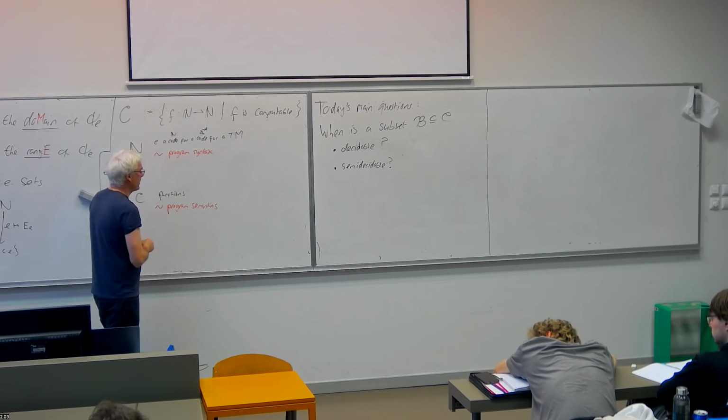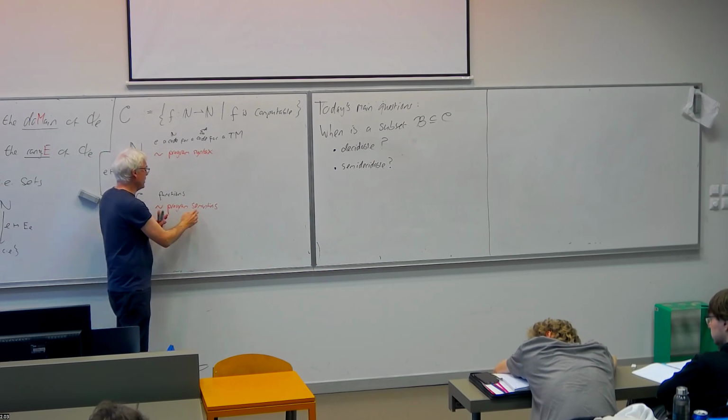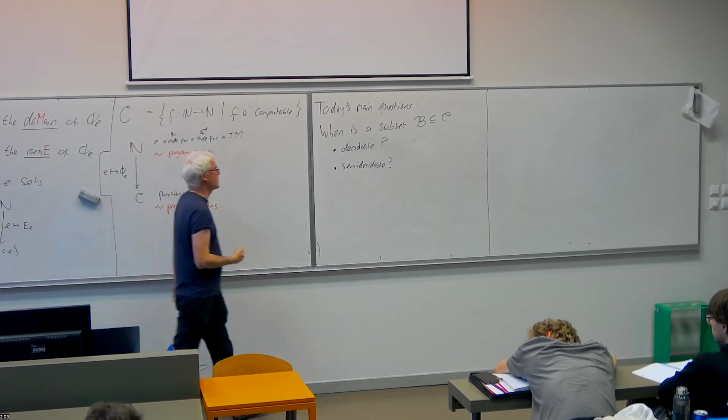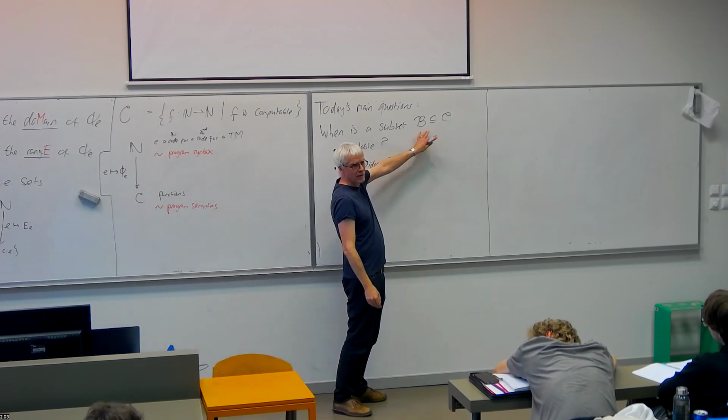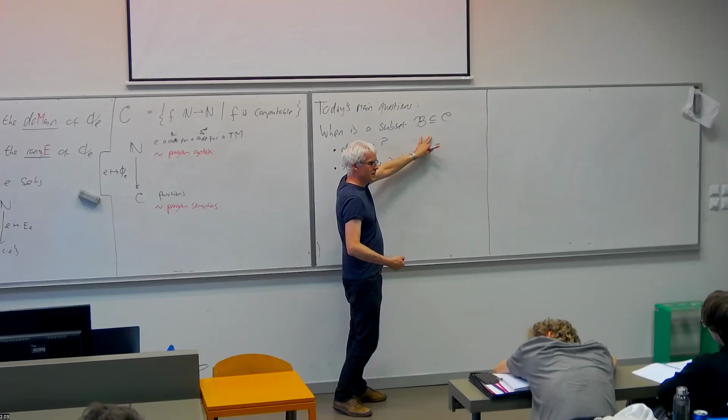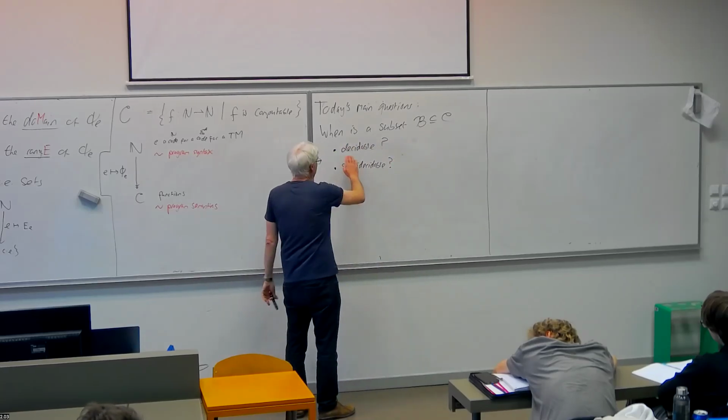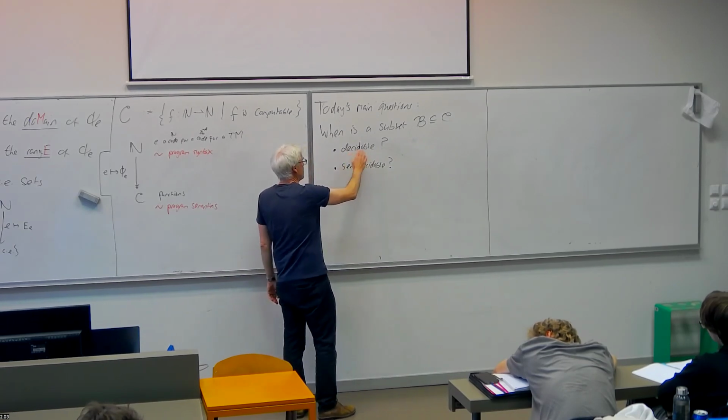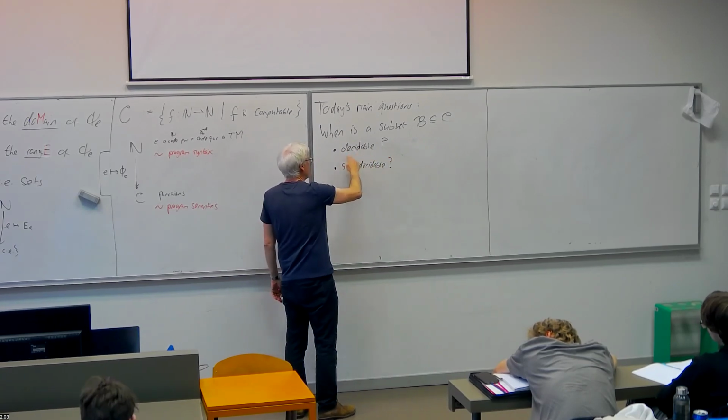So we can view the function as a sort of specification for a program we want to write, or the set of functions as a specification for potential programs we want to write. And the question is, can we actually test the program to see whether it matches our specification? If we can just test it with yes and no answers, then it's decidable.